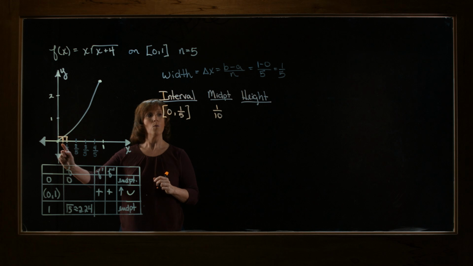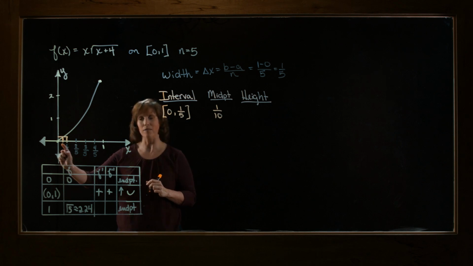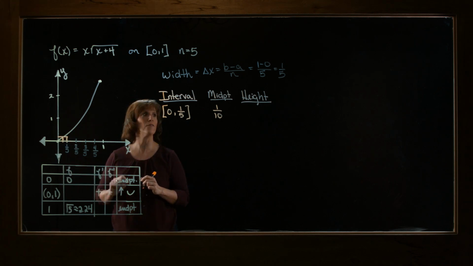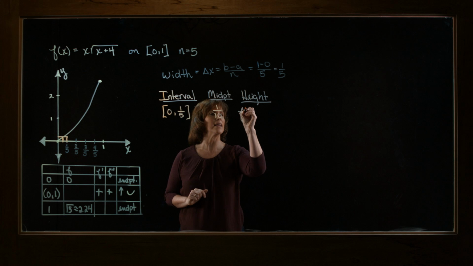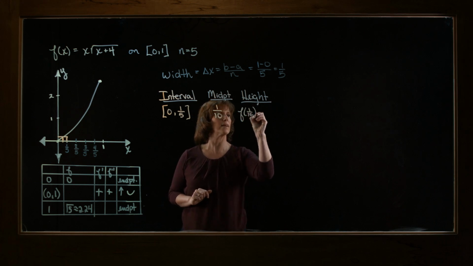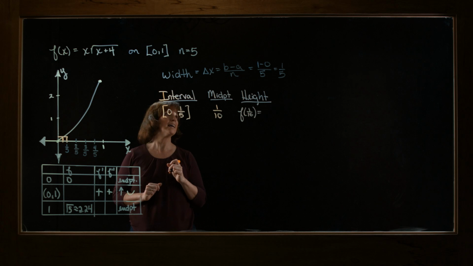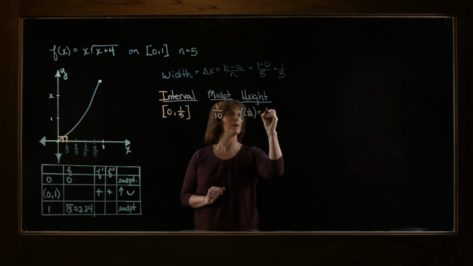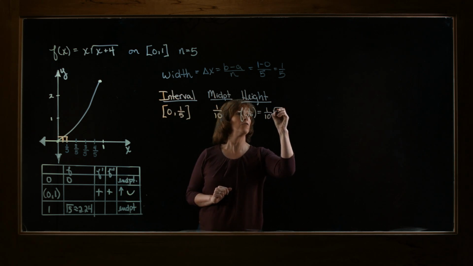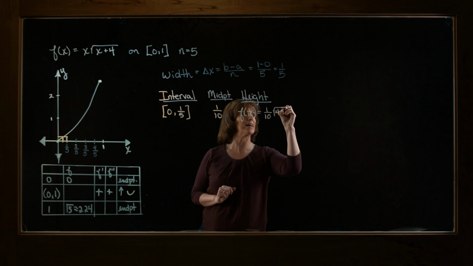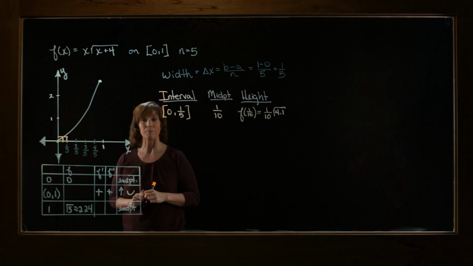Now remember, 1/10 is not the height of my rectangle. It's going to be f of 1/10. So the height is f of 1/10, which in this particular problem is going to be 1/10 times the square root of 4.1, because that's 4 plus 1/10.